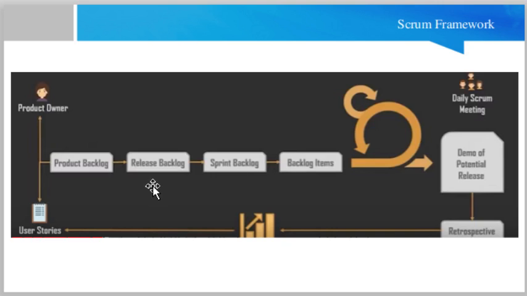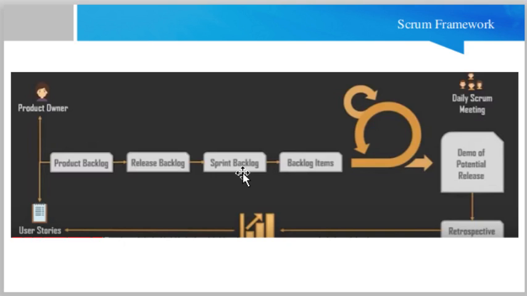From here, the Scrum team does the sprint planning meeting, and during it they pick the requirements from the product backlog and make the sprint backlog. The sprint backlog is a set of requirements which needs to be developed for the sprint.